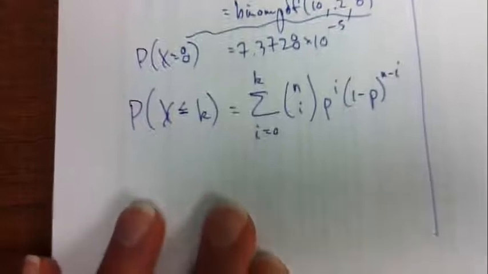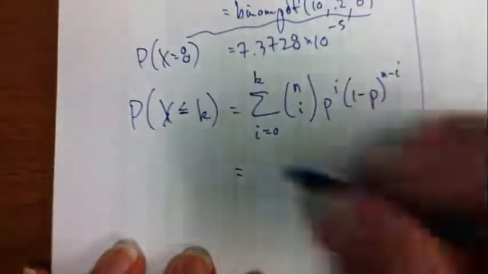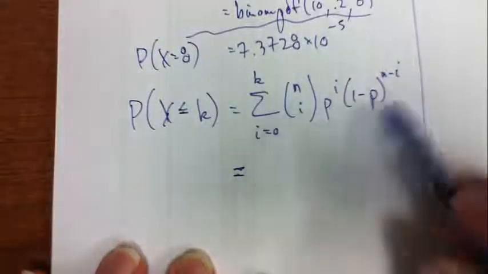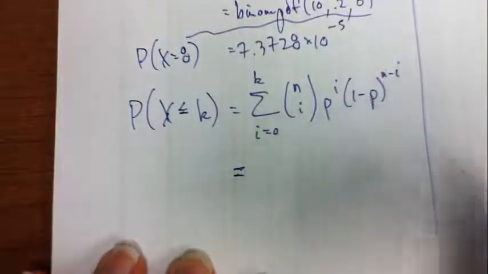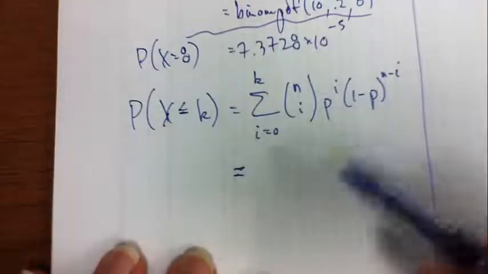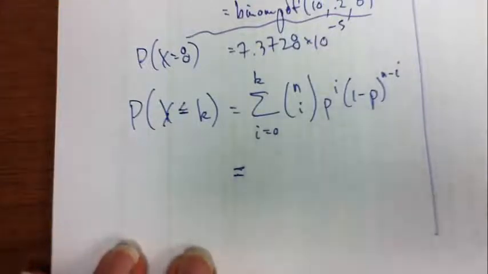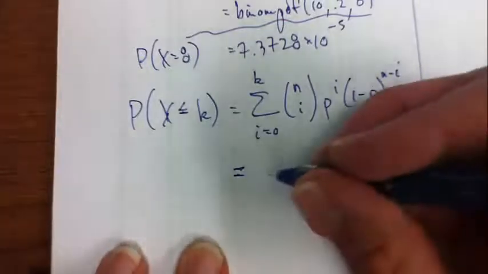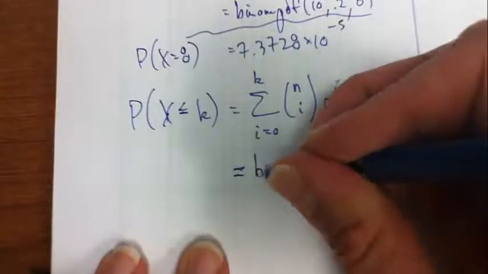If k is a really large number, you'd have to compute a whole bunch of these terms and sum them up. So we usually use a calculator, or spreadsheet, or a software program to do the calculation for us.